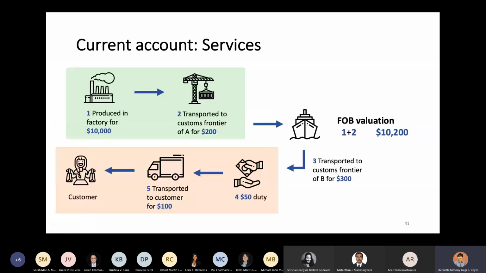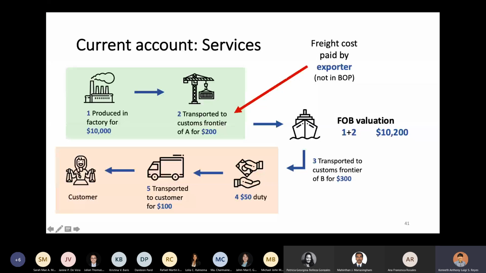Our assumption is that the exporter will pay this freight cost, while the importer will pay this freight cost. However, that's not necessarily the case in day-to-day transactions.